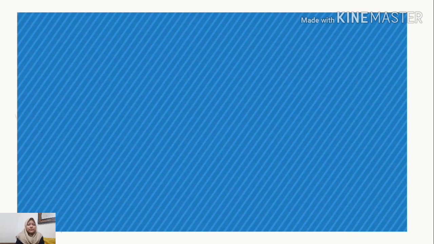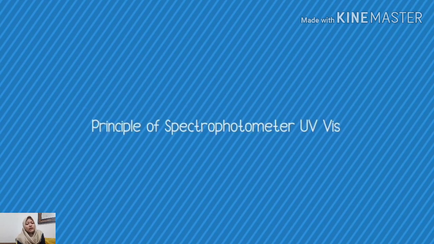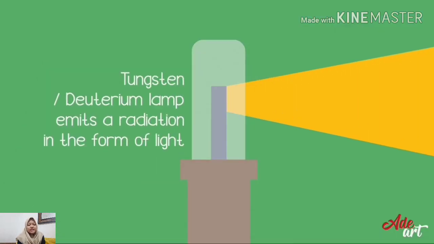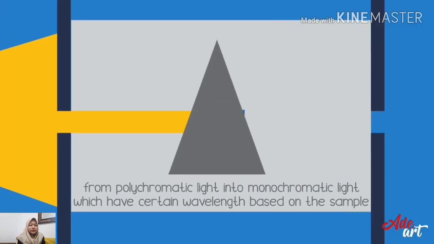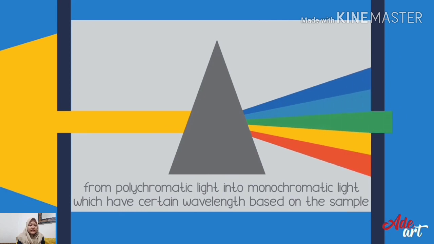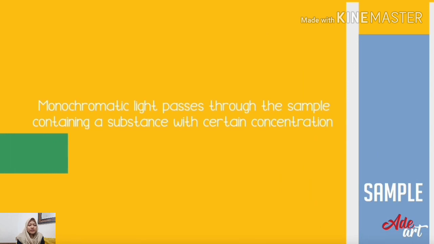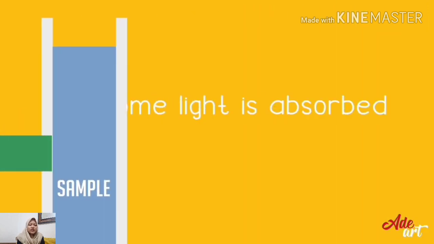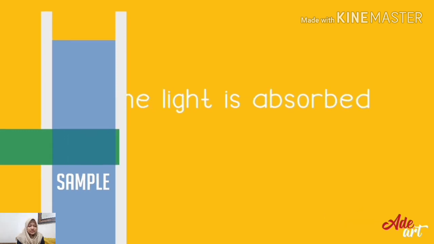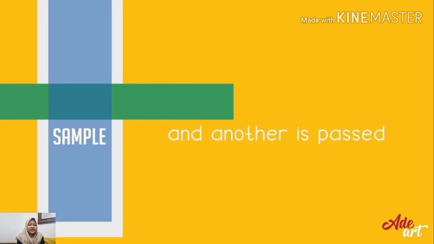The principle of the UV-Vis spectrophotometer: the deuterium lamp emits radiation in the form of light. The light passes the monochromator and is dispersed from polychromatic light into monochromatic light, which has a certain wavelength based on the sample. Monochromatic light passes through the sample containing a substance in a certain concentration, some light is absorbed, and the other is passed.